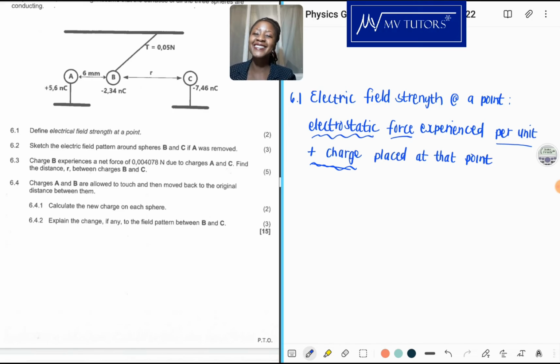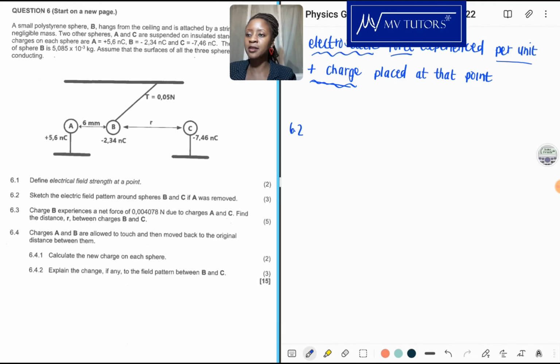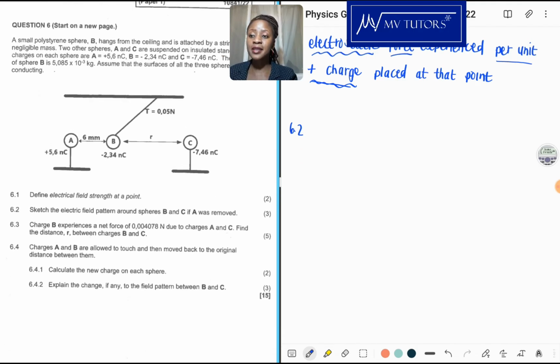Cool. 6.2 says sketch the electric field pattern around sphere B and C if A was removed.